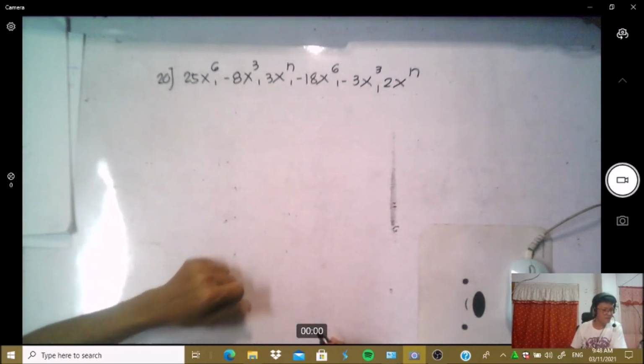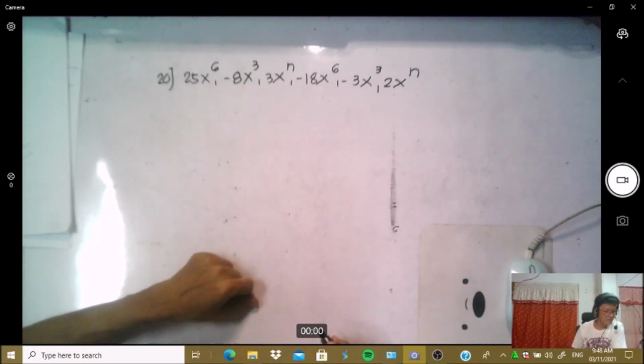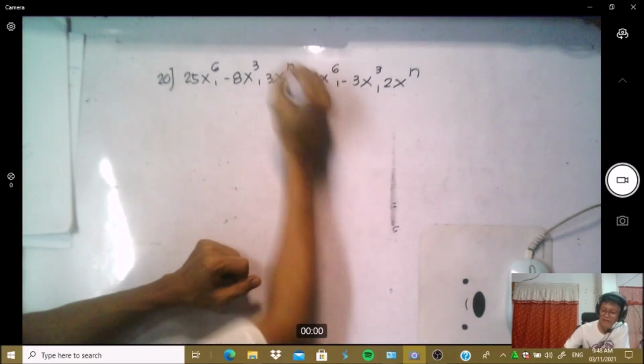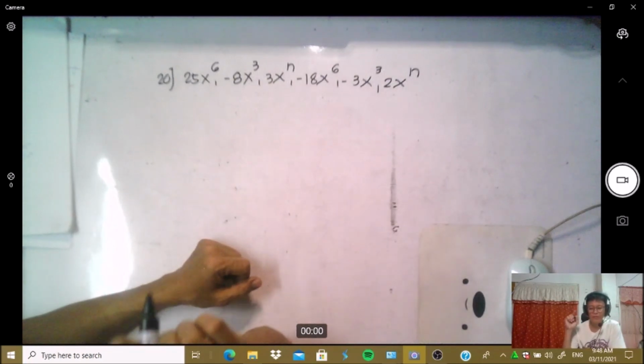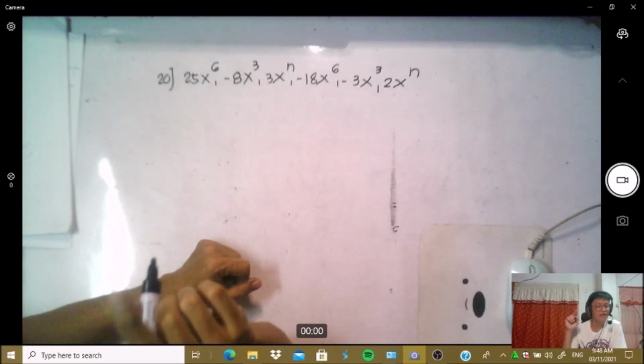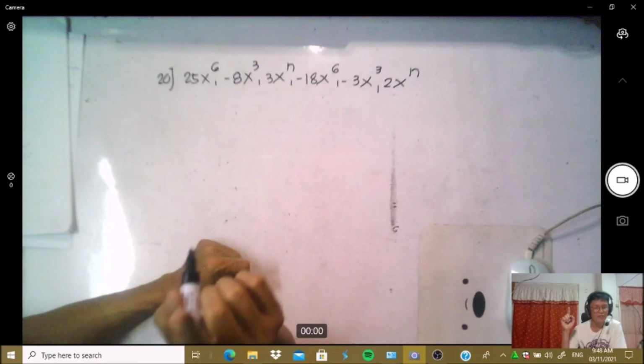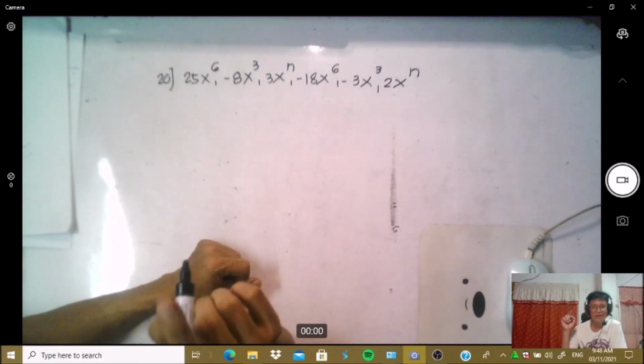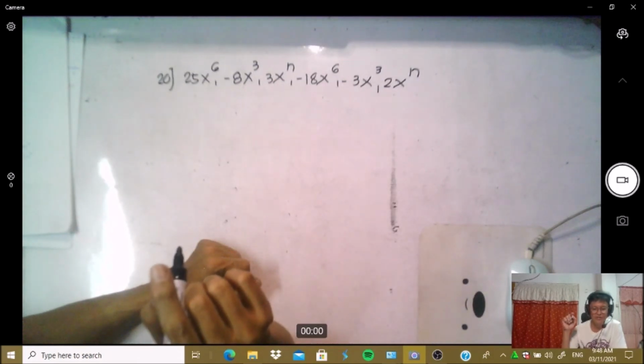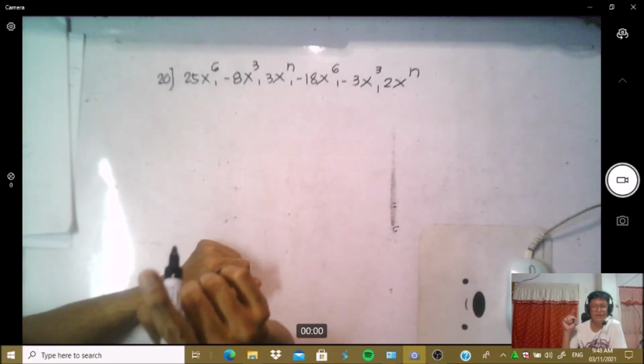Okay, so since we have a variable exponent, this simply means that any number can be assigned to this n. Therefore, this is unknown, and that should be the first one in the order.